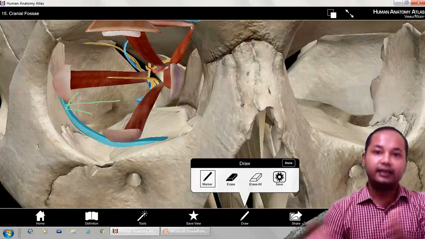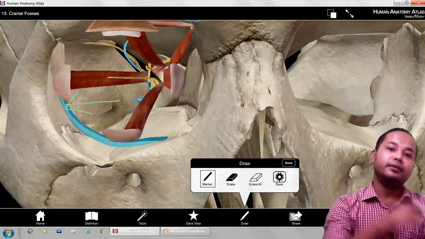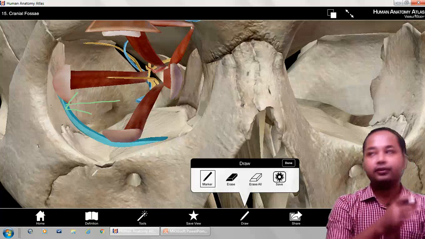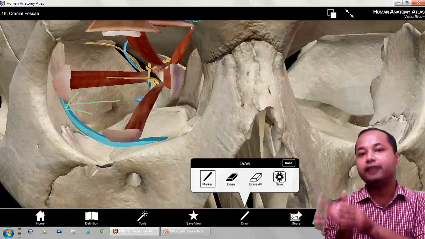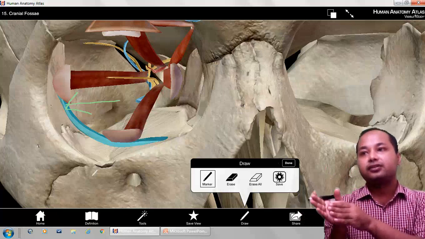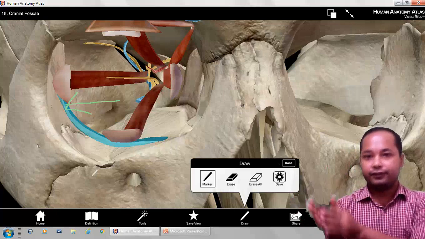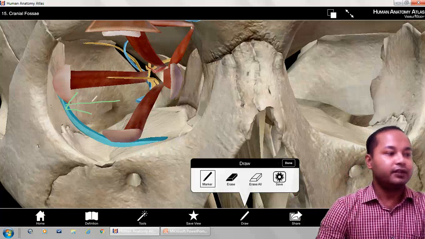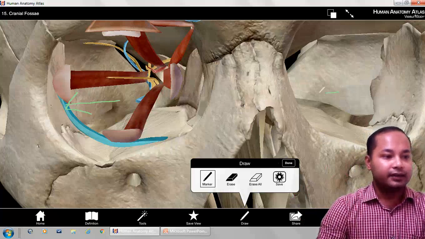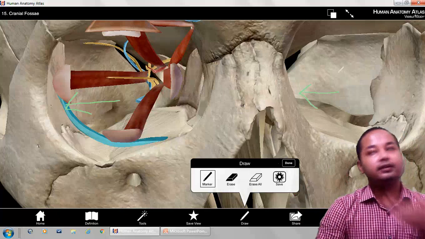So they act in a synchronous way, one muscle of one eye with the counterpart muscle of the other, so that both eyeballs move in the same direction and you can see that particular field of vision clearly. While the lateral rectus is moving in this direction, the medial rectus of the left eye is moving, so that both eyes are looking in the same direction.